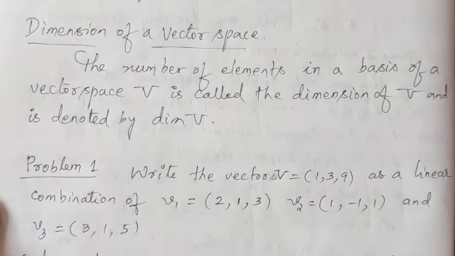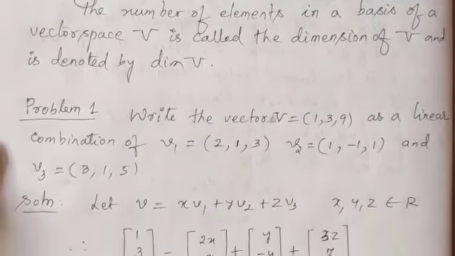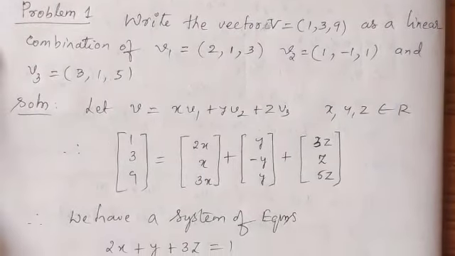So we'll take a problem here. The question is, can we write the vector (1, 3, 9) as a linear combination of V1, V2 and V3? Let us check whether we can write it or not. For a linear combination, V is equal to x V1 plus y V2 plus z V3.